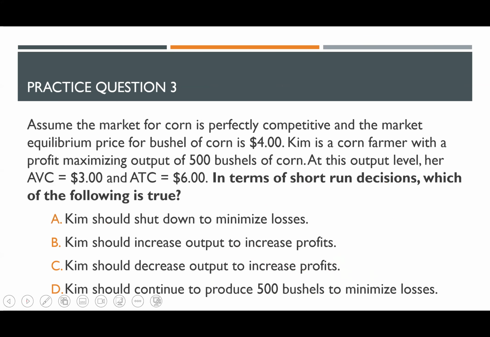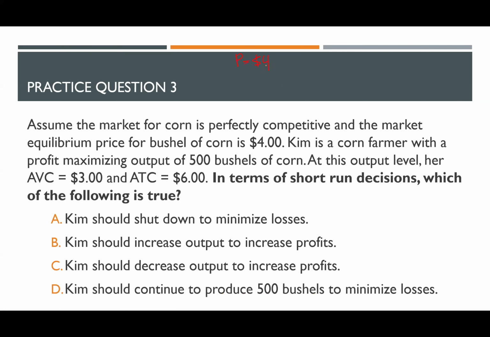Let's do another practice question. So assume that the market for corn is perfectly competitive and the market equilibrium price is $4. So our equilibrium price is $4.